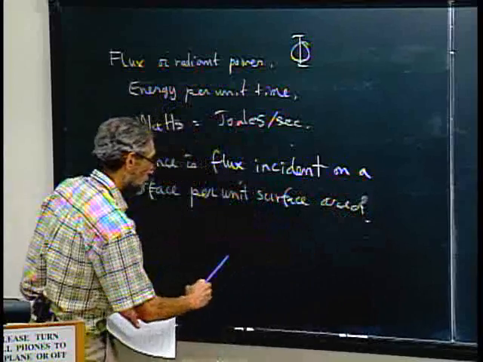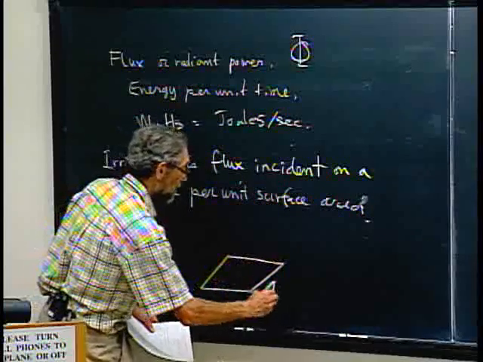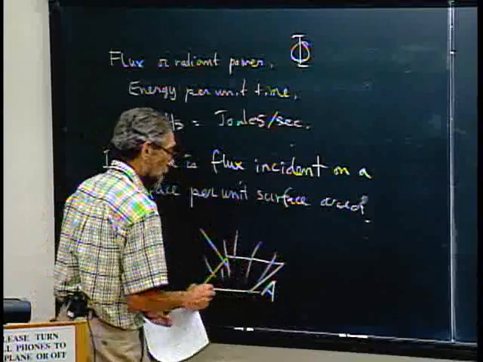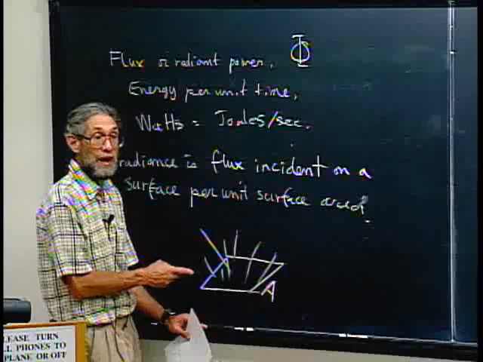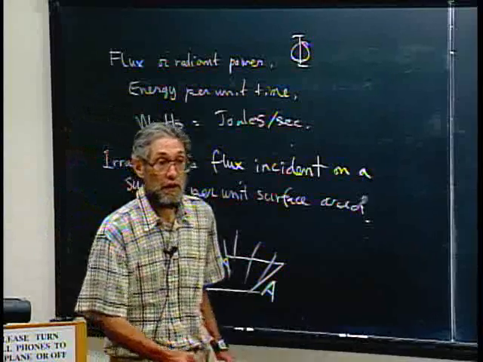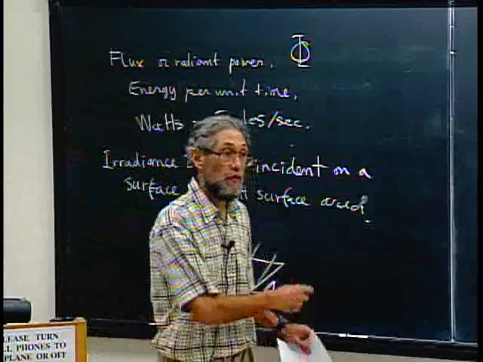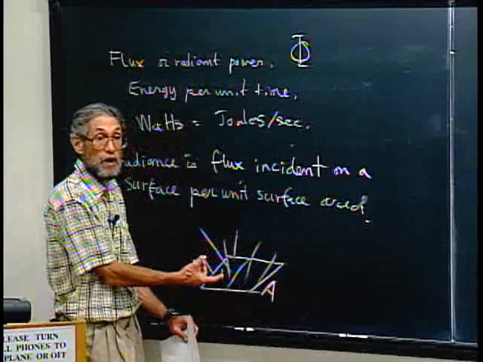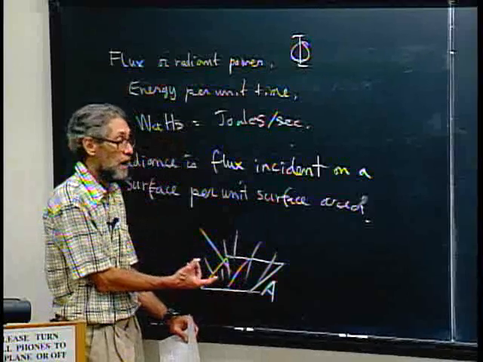So if we have a piece of surface area here, A, and we have these photons coming from all directions and hitting it, and we measure how many hit it per second, that's flux, and then we divide by the area, then that's irradiance. So if these are coming randomly, if we had half the area, we'd have half the flux, but we'd still have the same irradiance.